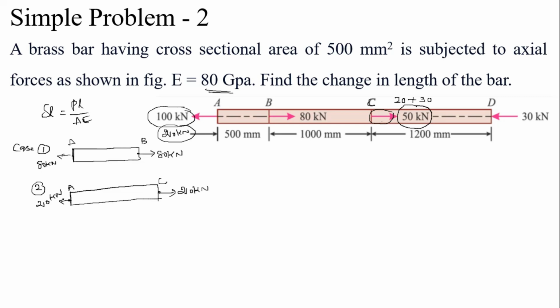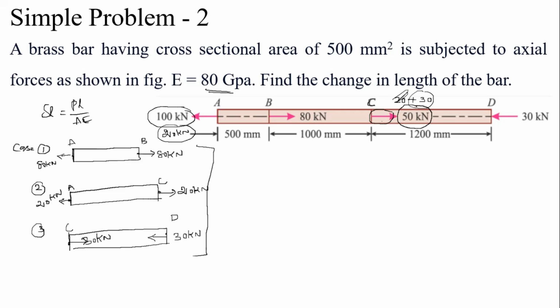So here 20 over, the remaining 30 is there. Now we have to take the third section. This is at point C and this is at point D. Point C compressive force and point D compressive force, which is 30 kilonewton and this is 30 kilonewton. So, these sections are well balanced.